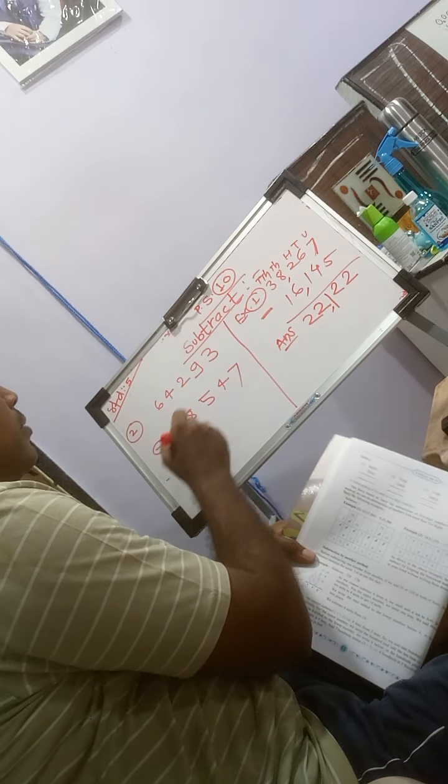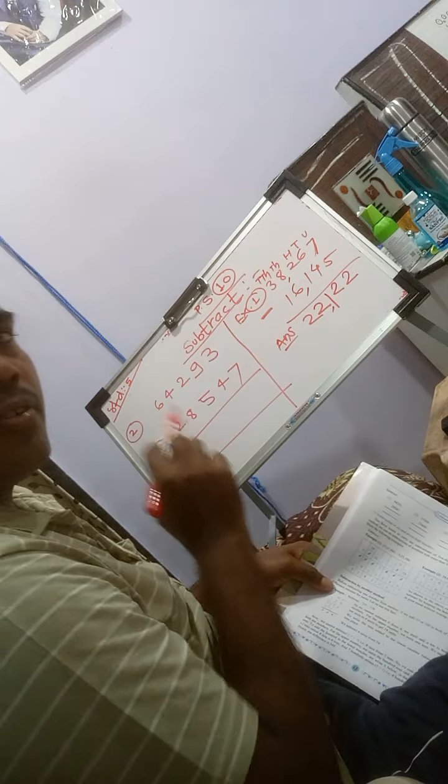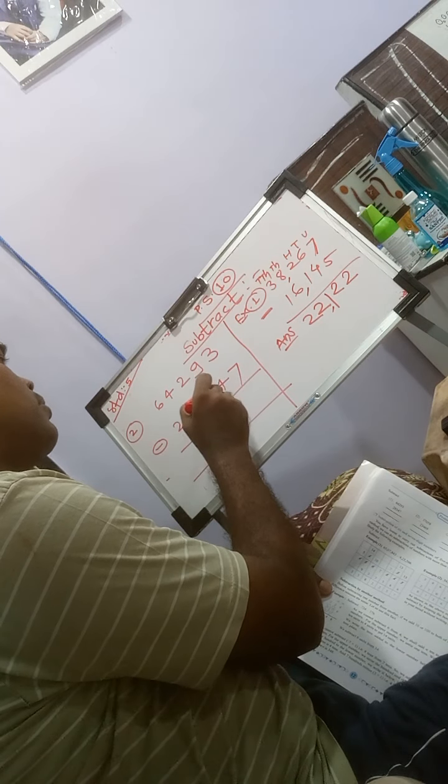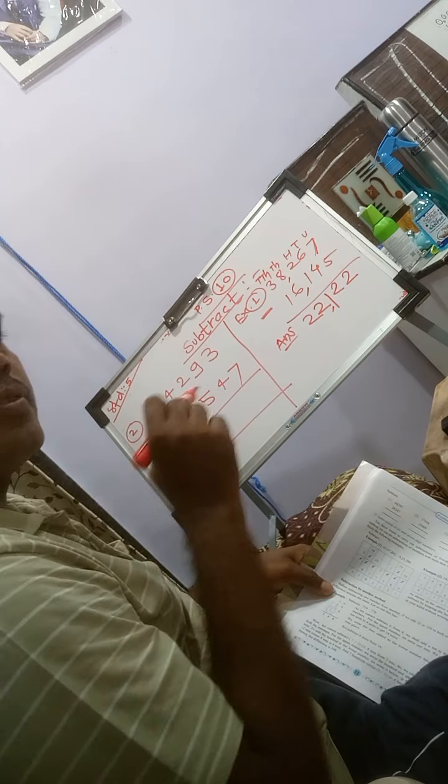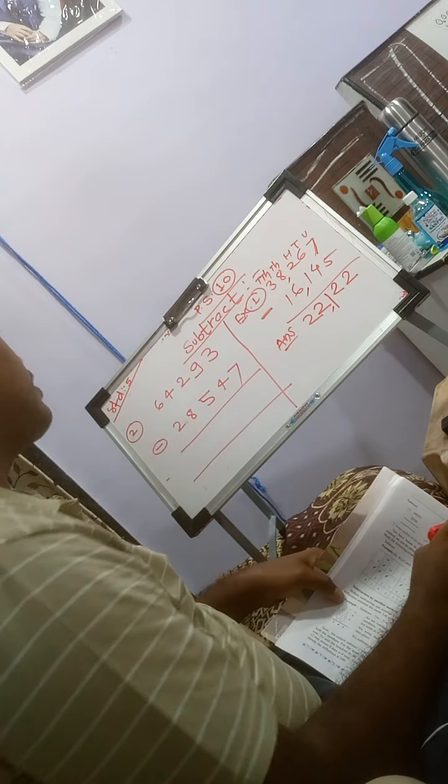Here also how many digits are there? 1, 2, 3, 4, 5. 5 digits are there. Here also 1, 2, 3, 4, 5. 5 digits are there. So you have to subtract 5 digit number from 5 digit number.